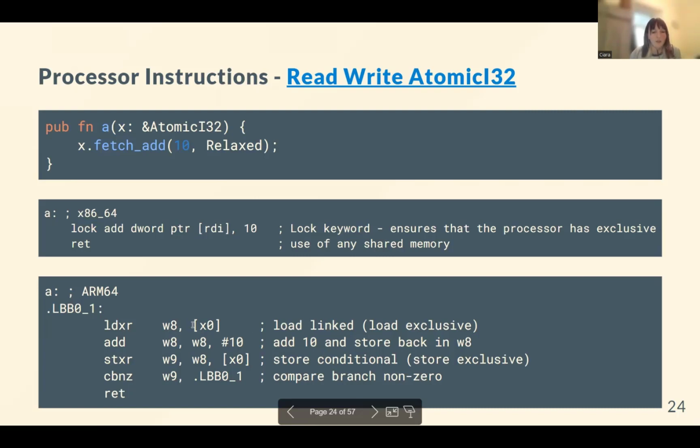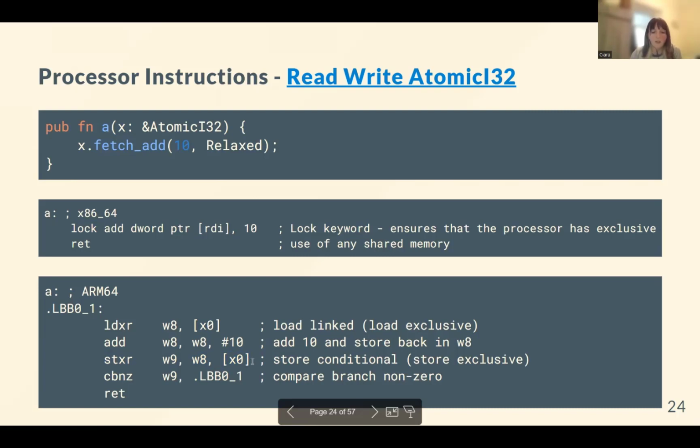So same type of deal where you're loading the data at the X0 address into W8, then adding 10 and storing it back into W8. And then we've got this store exclusive again, which is different to a regular store because it's conditional.